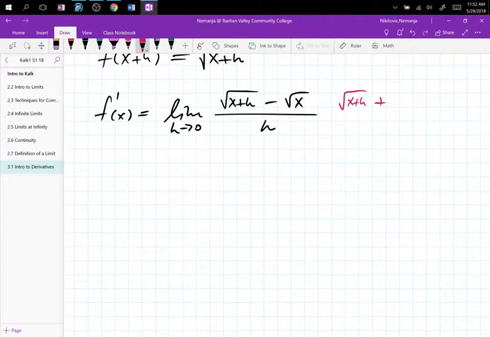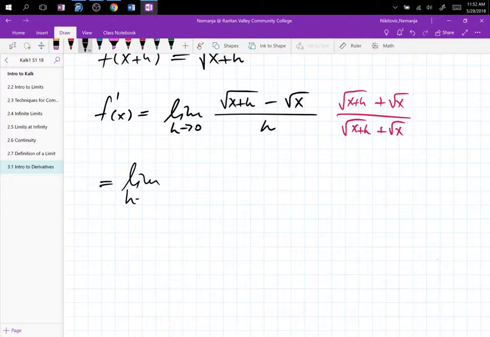Root x plus h plus root x divided by root x plus h plus root x. So this is now limit h goes to 0. In the numerator you have difference of squares, so the middle terms will cancel. So we have x plus h minus x. Right? The cross terms cancel. And on the bottom, I'm not going to multiply.